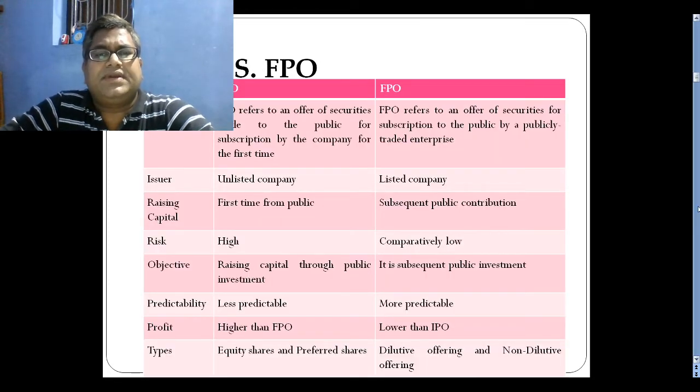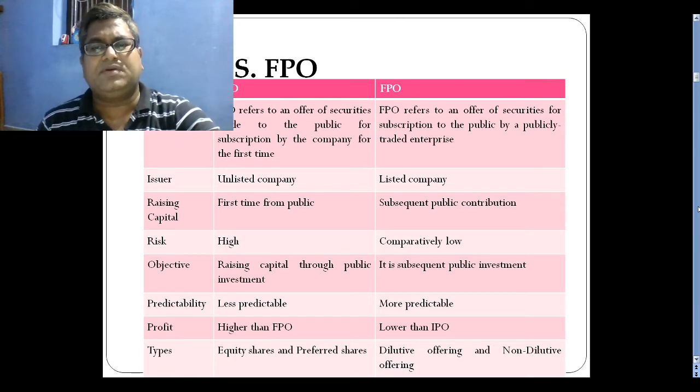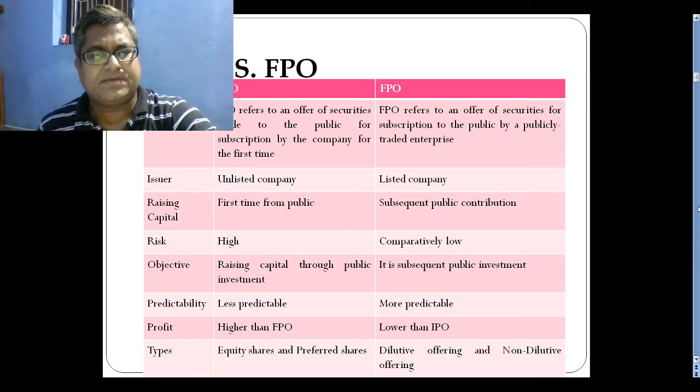Next, what is the basic difference between IPO versus FPO? IPO, initial public offer; FPO, follow-on public offer. First is the meaning. The IPO can be issued by a new company, or unlisted companies, while FPO is a subscription offered to the public or publicly traded enterprise by only listed companies.